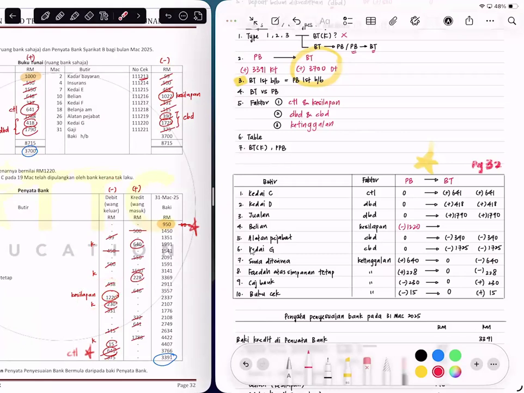In buku tunai, it's negative 1022. And you need to make negative 1220 become negative 1022, which is making a smaller value become a bigger value. When you want to make a small value become a bigger value, do you need to add or minus?